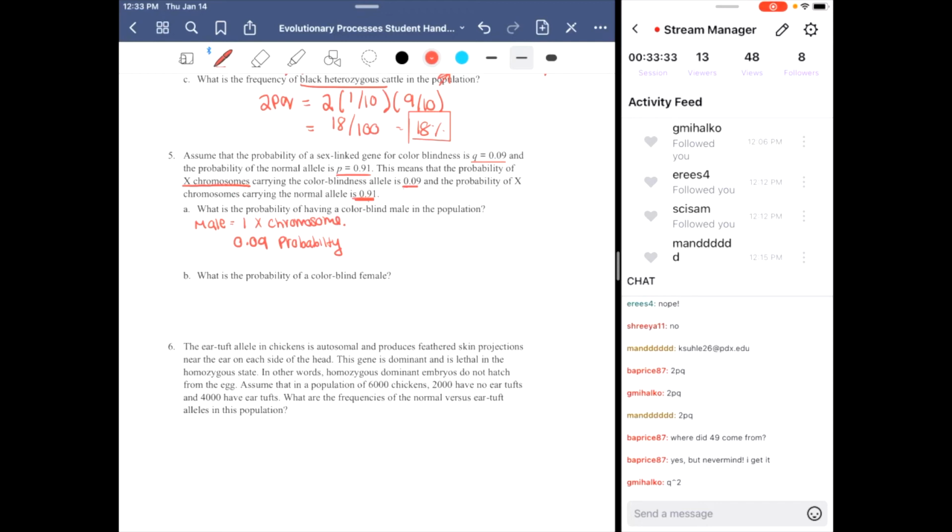So this would be the 0.09 probability of having X with colorblind genes. And they're going to have a 0.91 probability of having X with the normal allele.